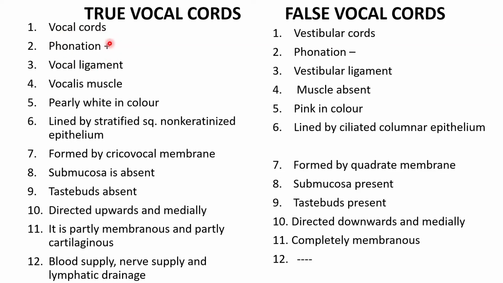The true vocal cord brings about phonation, whereas phonation is not the function of the vestibular fold. Deep to the true vocal cord lies the vocal ligament, whereas the vestibular fold contains the vestibular ligament. As I have already mentioned, vocalis is the muscle present along with the vocal ligament, which is the content of the vocal fold, whereas there is no muscle seen in case of the vestibular fold.